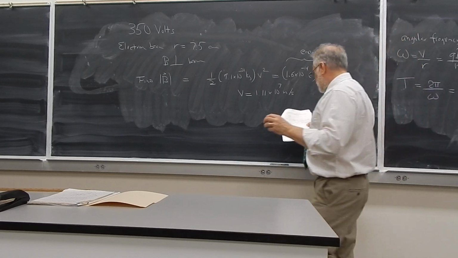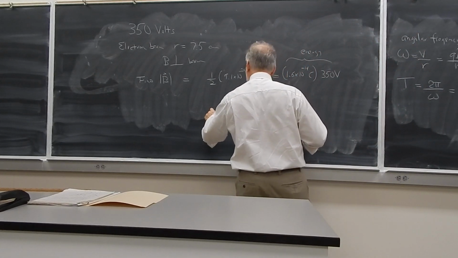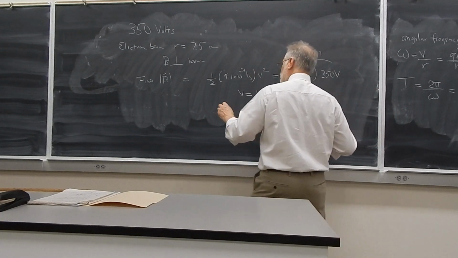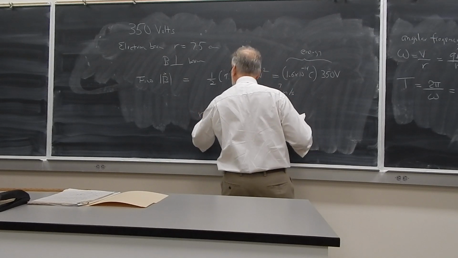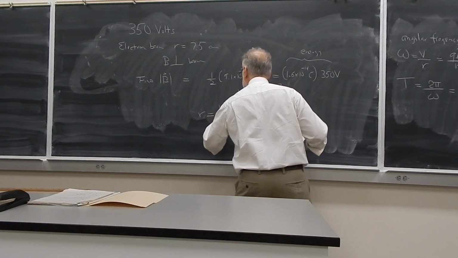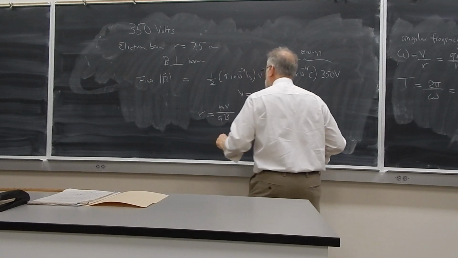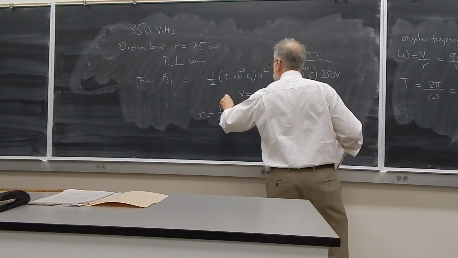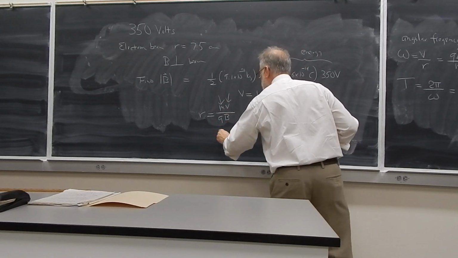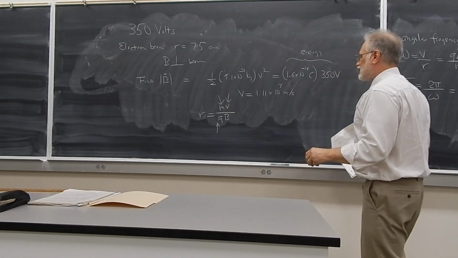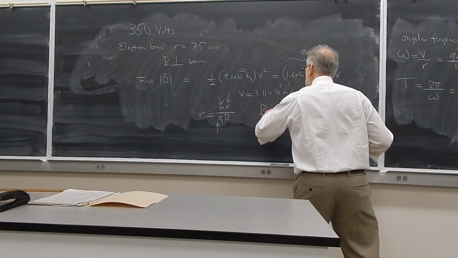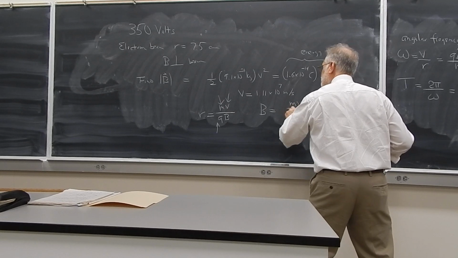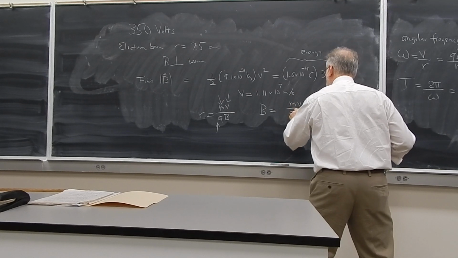The magnetic field then, I can write using my expression for the cyclotron radius of this motion. I'm given the radius there, and I know if I've calculated the velocity, I know the mass, I know the charge, I can then calculate the magnetic field that the electron is moving in by saying, well, B has got to be equal to mv divided by q times r.